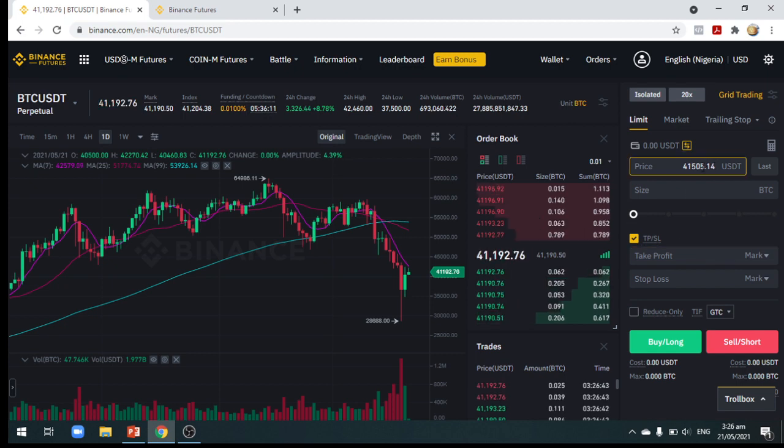Let me demonstrate that. The price of BTC here is 41,505. Let's say you're buying 0.1 BTC, and your leverage is 20x.